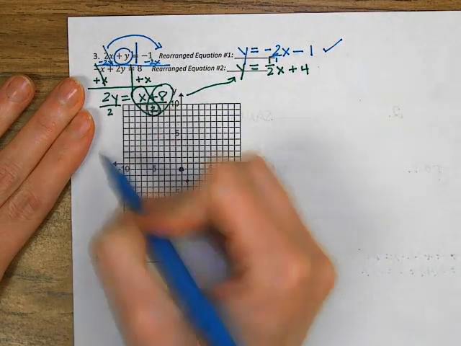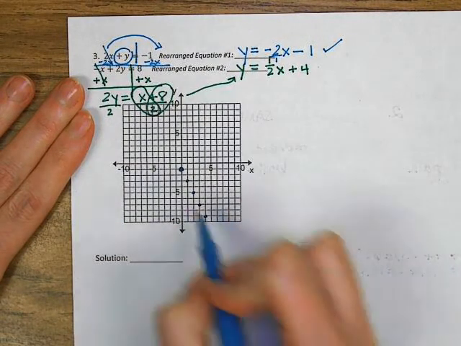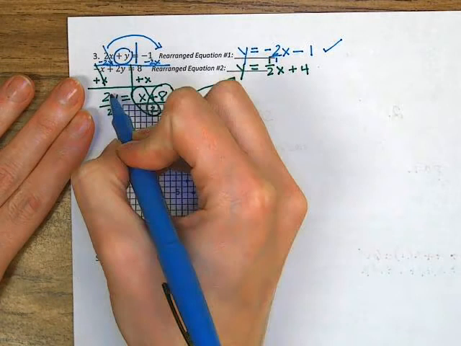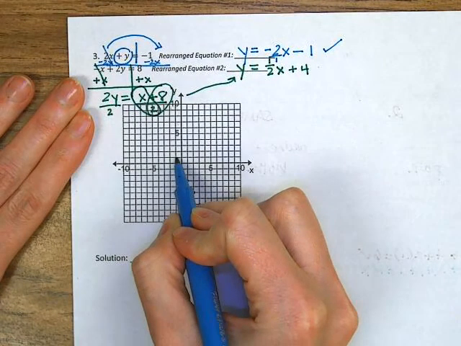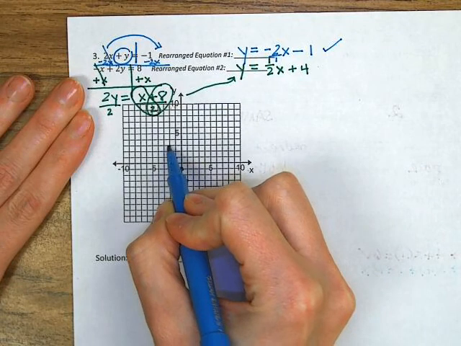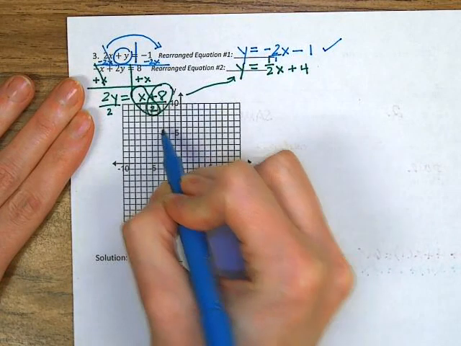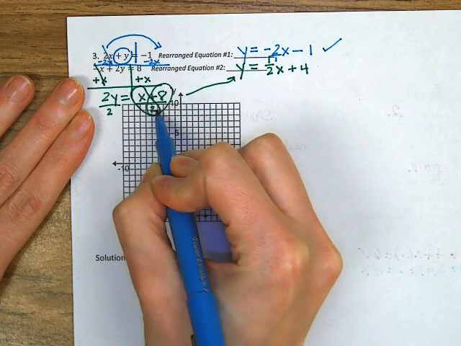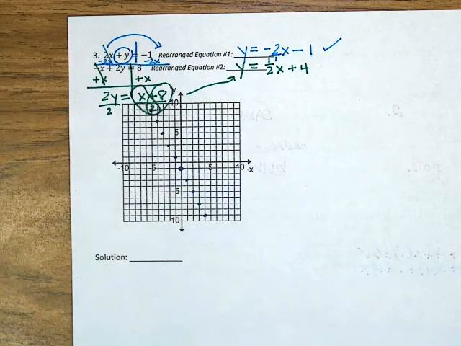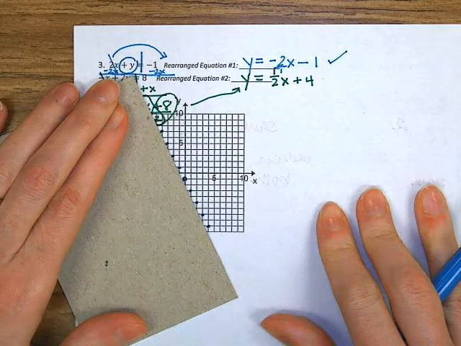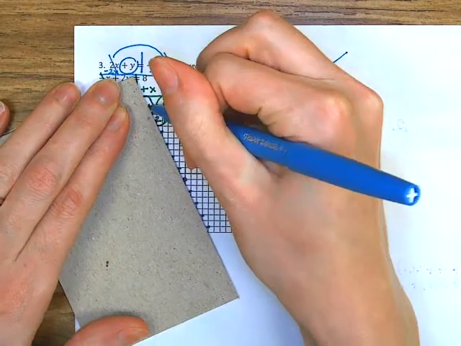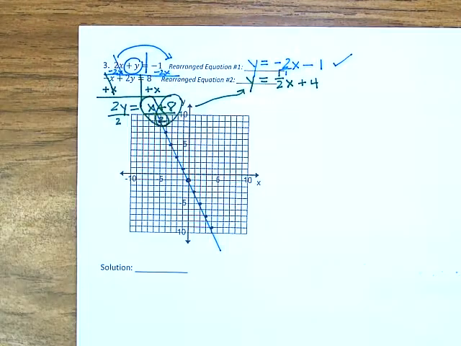And because I don't know where the other line's going to be, I'm also going to continue it in the other direction. Up 2, left 1, up 2, left 1. Hopefully we don't have to go this far, but just in case, I want to span the whole graph. All right, and I'm going to connect the dots, and that's my first line.